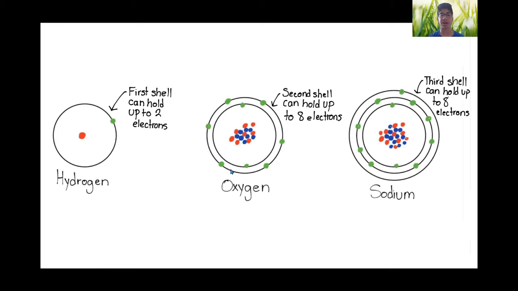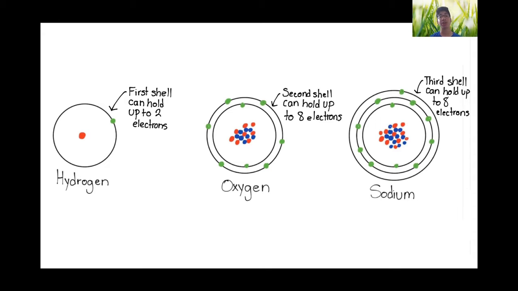Next, we have oxygen, which, as I just said, has two electron shells. And that's because oxygen has 8 electrons. So though the first electron shell holds its first 2 electrons, it still has 6 electrons left over, which are stored in the second electron shell. As written right over here, the second electron shell can hold up to 8 electrons.